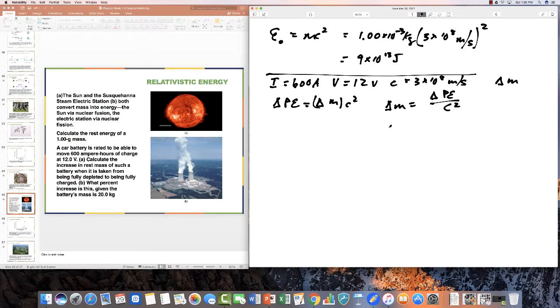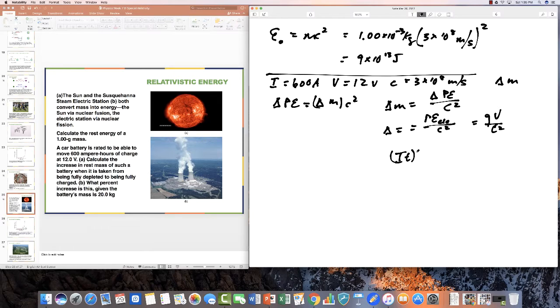So the change in mass is going to equal the electric potential energy divided by c squared, and that's going to be equal to QV over c squared. And Q is I times t.